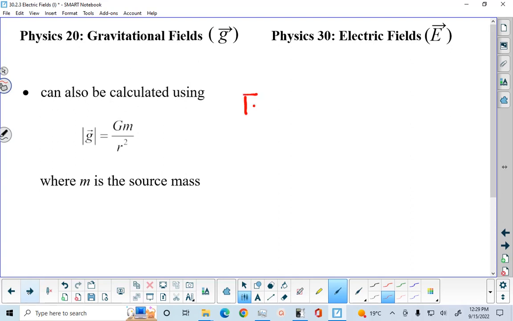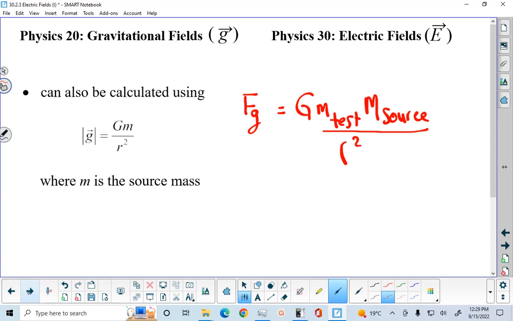We have Fg equals G times the test mass that you put in a field times the source mass of the field over r squared. This is just Newton's law of gravitation relating the force to the test mass and the source.